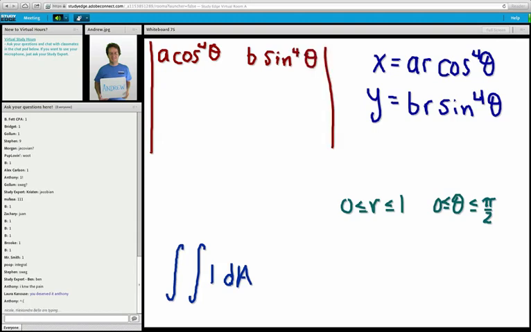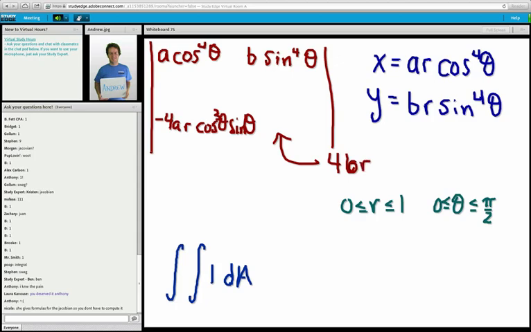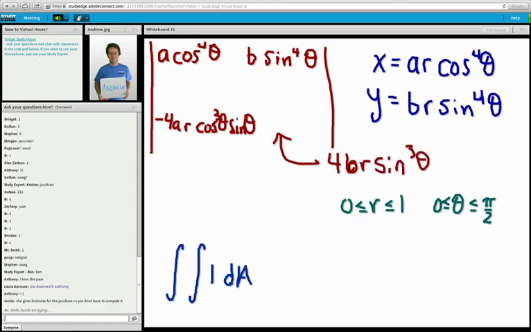The derivative of x with respect to theta is going to end up being negative 4 a r cosine cubed theta sine theta. Sorry, it's going to be ugly. This term, I'm just going to put an arrow here. The term that goes here will be positive 4 b r sine cubed theta cosine theta.